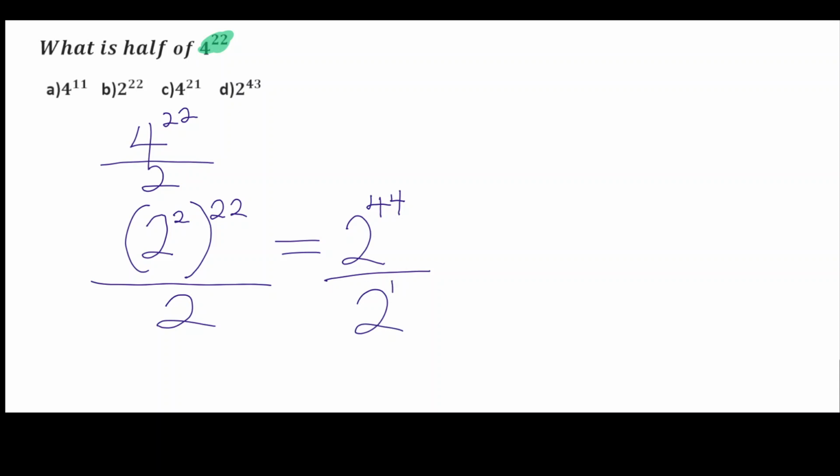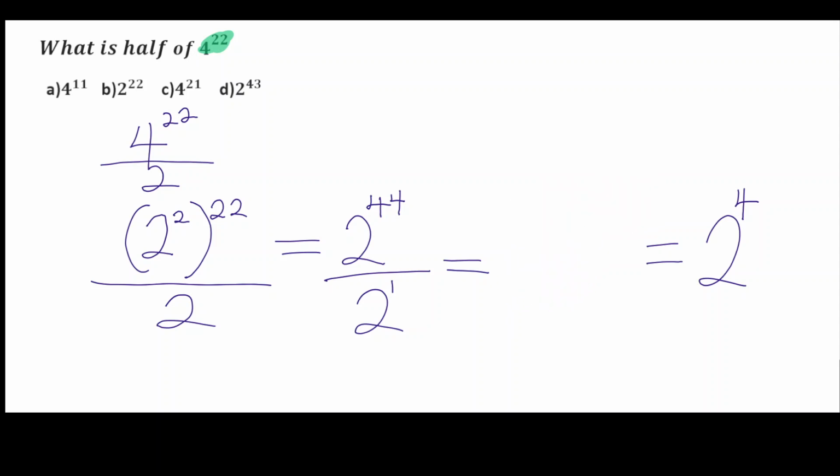When I have a situation like this, all I just need to do is subtract the powers. Sorry, I have 2 to the power of 44 minus 1. So let me rewrite that.